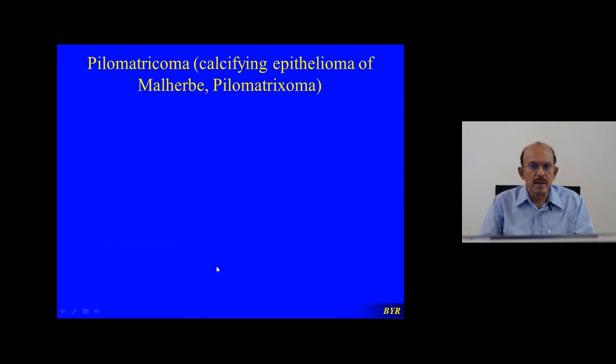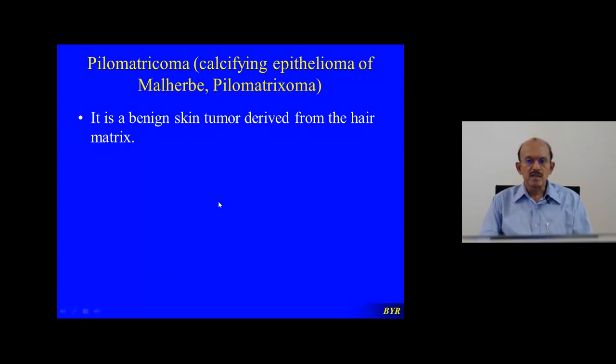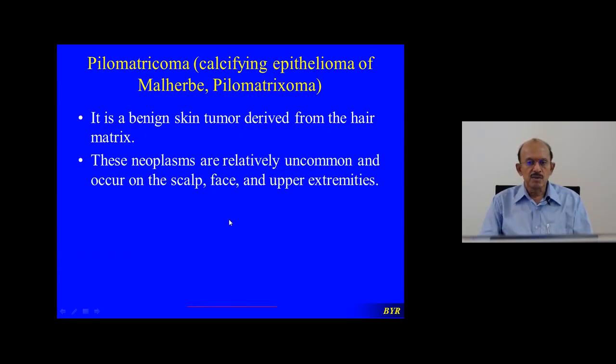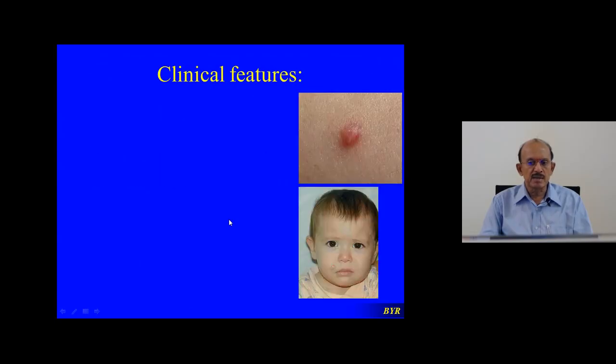Then pilomatricoma, also called the calcifying epithelioma of Malherbe. This is also given as a short notes question now and then. It is a benign skin tumor derived from the hair matrix. These neoplasms are relatively uncommon and occur on the face, scalp, and upper extremities.